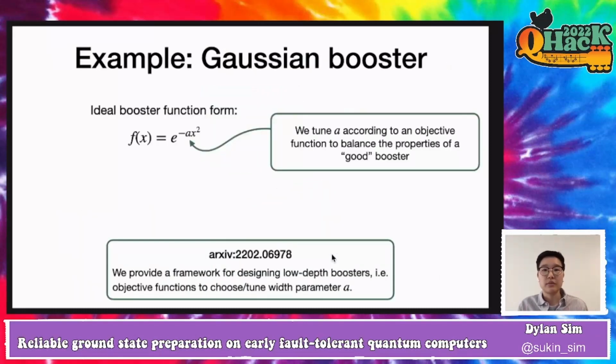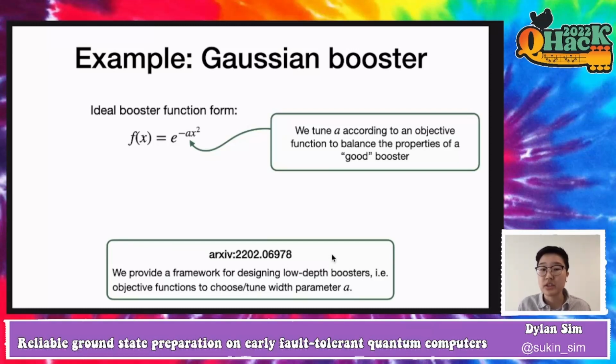For this Gaussian booster, I write the ideal booster function form here, where you have a parameter called A, which controls the width of your Gaussian. While I skip over a lot of the technical details, in our work we essentially tune A according to some objective function that we proposed that balances the properties of a good booster that I mentioned briefly in the previous slide.